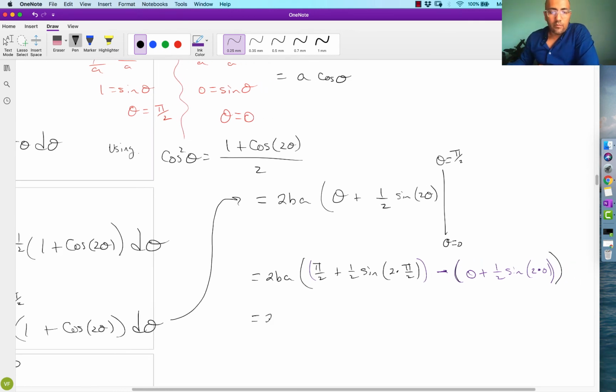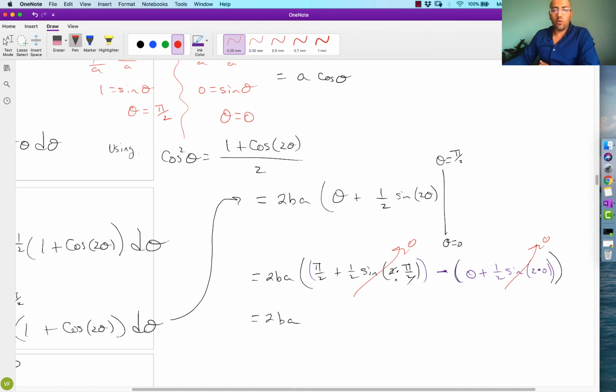So that'll be 2BA, and then that's just pi over 2. These 2's cancel, and I end up with sine of pi, and sine of pi is 0, so this whole thing is just going to turn out to be 0. And sine of 0 is 0, so this whole thing ends up being 0.